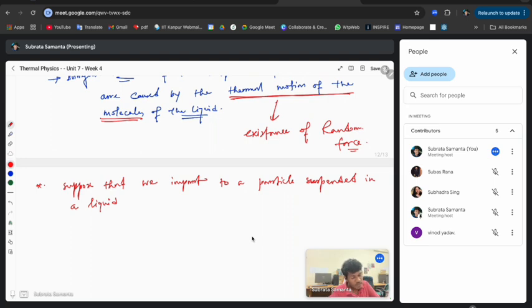So how do we impart this velocity? By a force applied to it from outside.